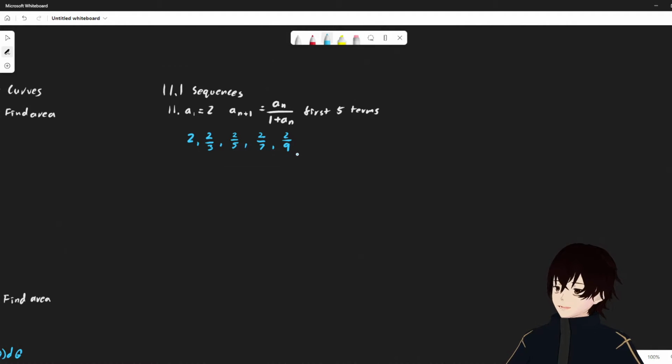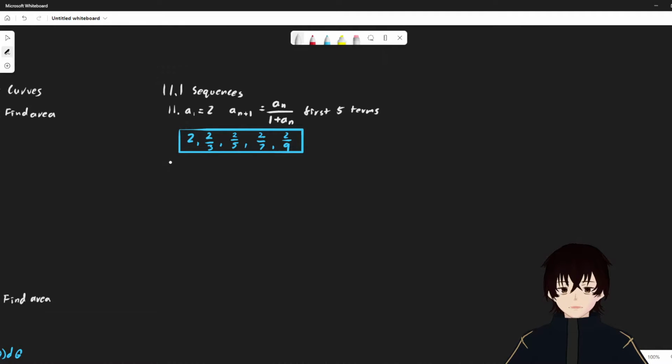Number 11, and that's right. This is how it goes. That was easy, but the next one, 21, says a sub n is equal to 1 plus negative 1/2 to the power of n. Calculate to 4 decimal places the first 10 terms of the sequence.